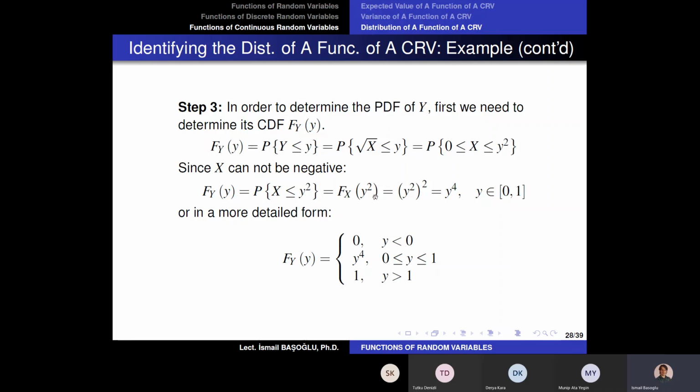And the CDF of X is equal to x squared, so the CDF of X at y squared is equal to the square of y squared, which is y to the power 4. Okay? Which indicates that the CDF of Y is equal to y to the power 4 if y is between 0 and 1, and it is equal to 0 if y is less than 0, and it is equal to 1 if y is greater than 1.